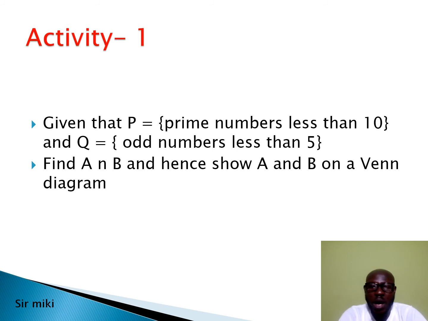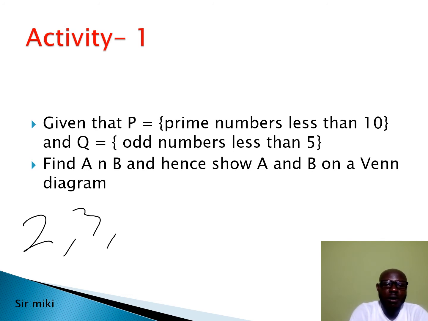Prime numbers. What are prime numbers? When we say prime numbers, we are saying that these are numbers that have only 2 factors. A prime number is a number with only 2 factors, the number itself and 1. So 2 becomes a prime number, 3 becomes a prime number, 5 also becomes a prime number.